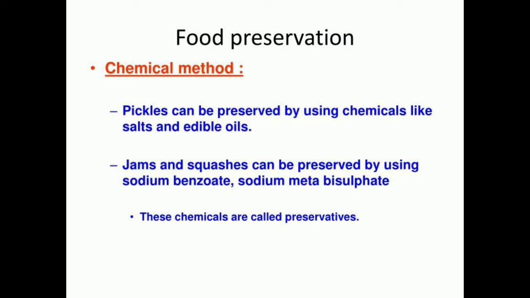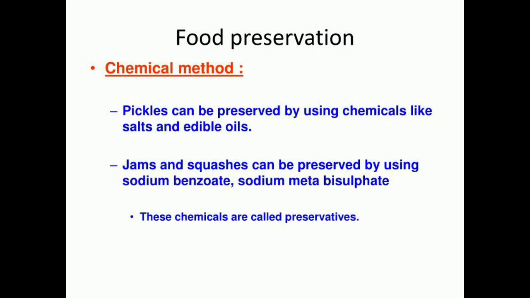The preservatives can be either natural or man-made. Natural preservatives include salt, sugars, edible oil, etc. And man-made ones include chemicals like sodium benzoate, sodium metabisulfite, etc. So this is about the chemical method of food preservation.